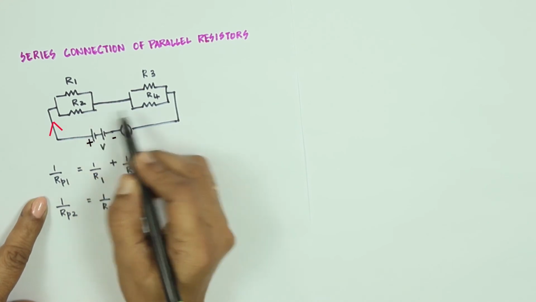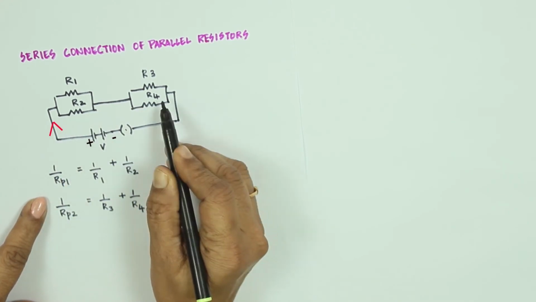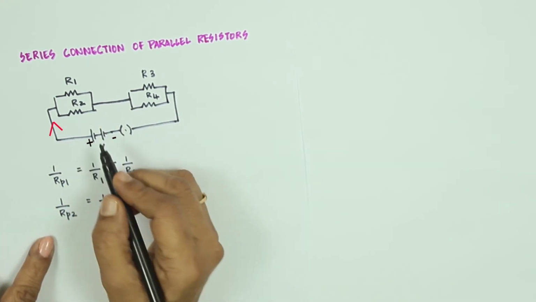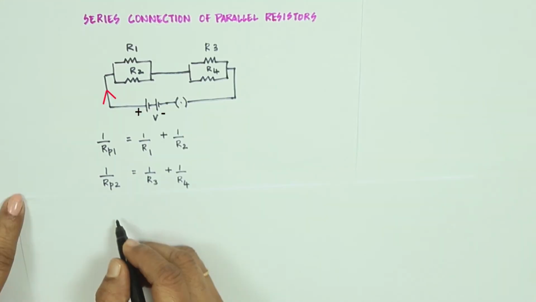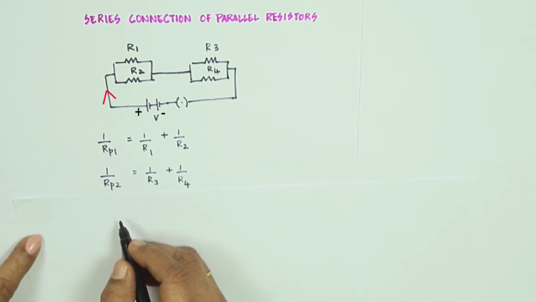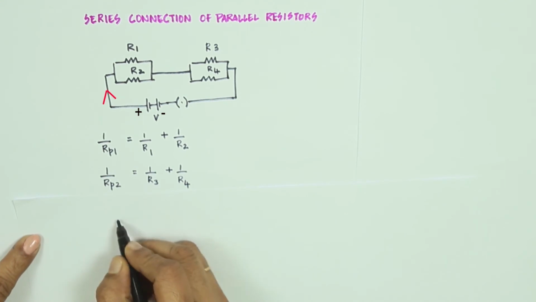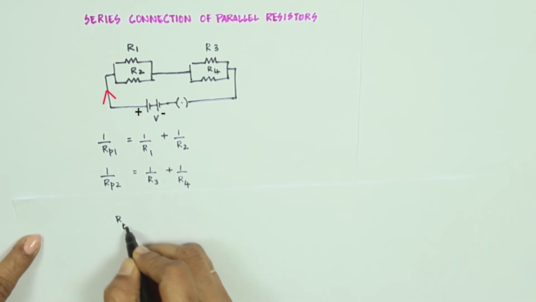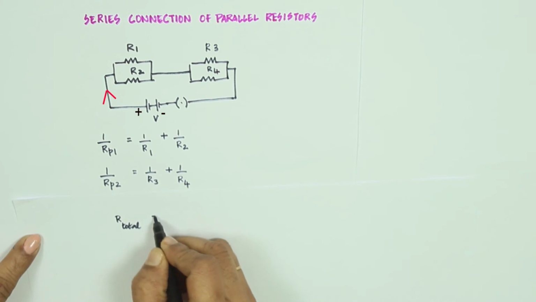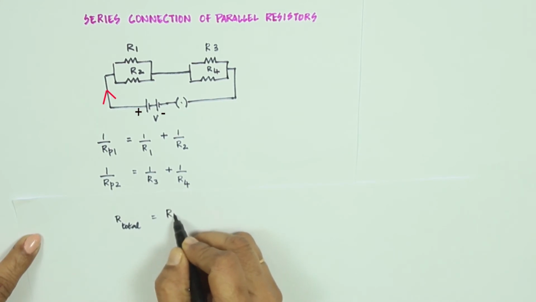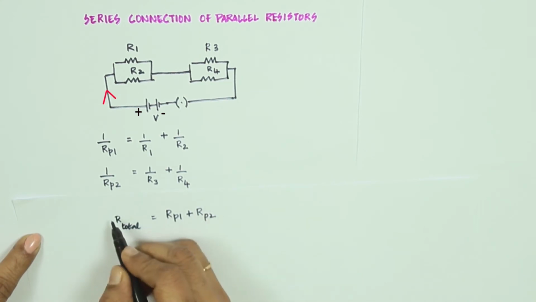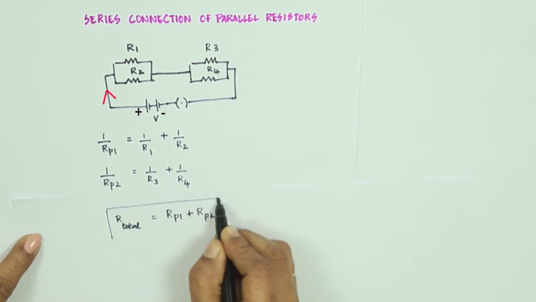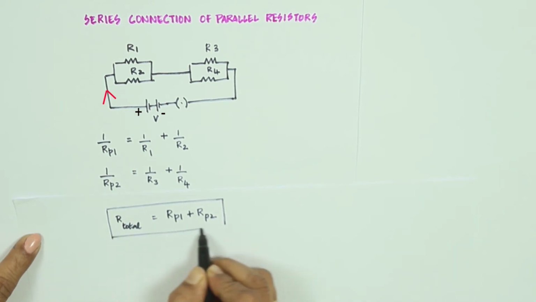Now these two parallel circuits are connected in series. So in series the total resistance will be the sum of the individual resistances. The total or effective resistance in a series connection of parallel resistors is given by R total is equal to Rp1 plus Rp2. In this portion, they will ask problems.